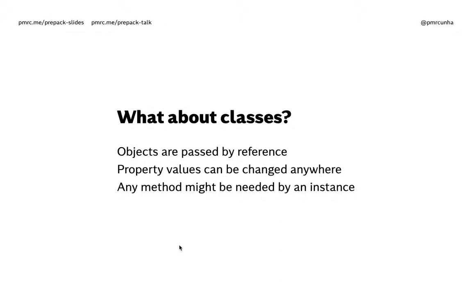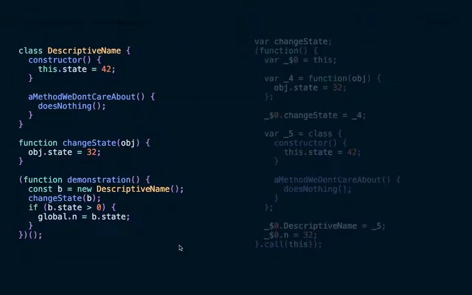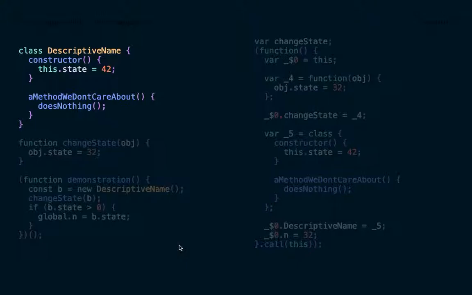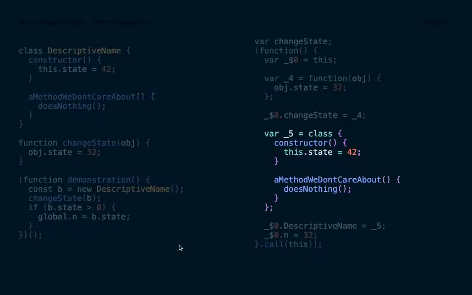You don't know which ones are going to be called or not. So basically, if we have a class in global scope, it's going to have to be kept exactly as it is, even with a method we don't care about, because there's absolutely no way the compiler can know if this is needed or not. And then, of course, properties can change anywhere.